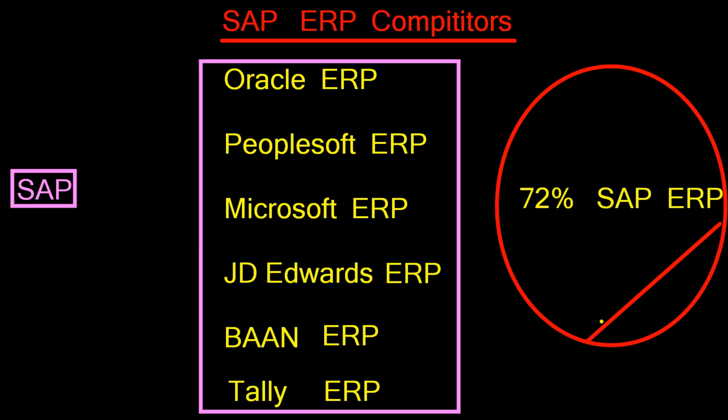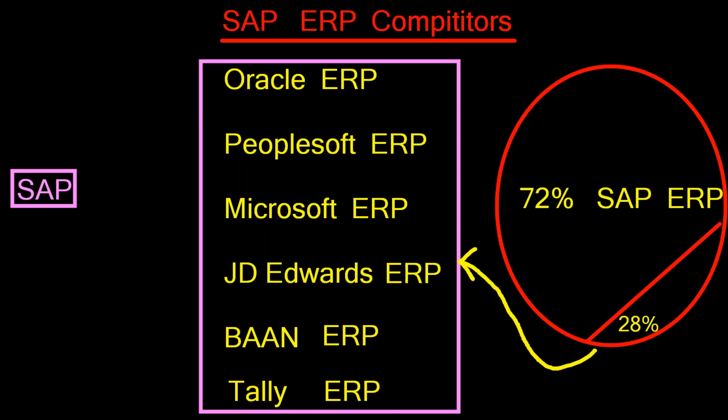The remaining 28% is shared by these six companies: Oracle ERP, PeopleSoft ERP, Microsoft ERP, JD Edwards, BAN, and Tally ERP.